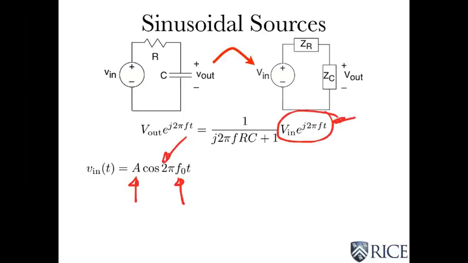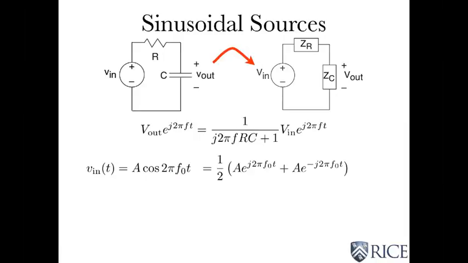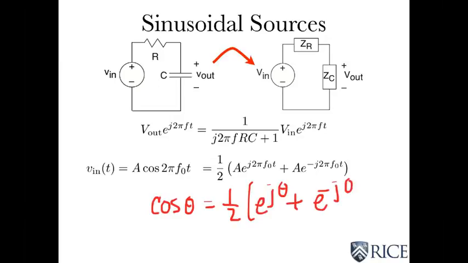Well, the mathematical trick is Euler's formula. We know from Euler's formula that a cosine of theta is equal to 1/2 times e to the j theta plus e to the minus j theta. A complex exponential at an angle of theta, and a complex exponential at an angle of minus theta. That's a cosine.